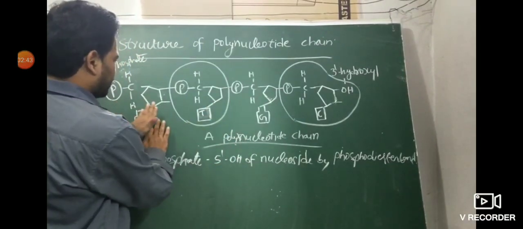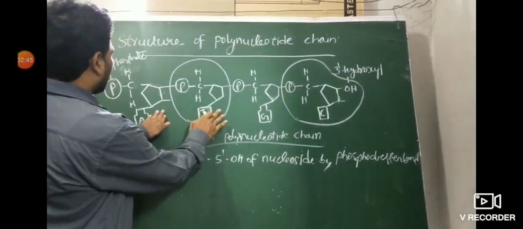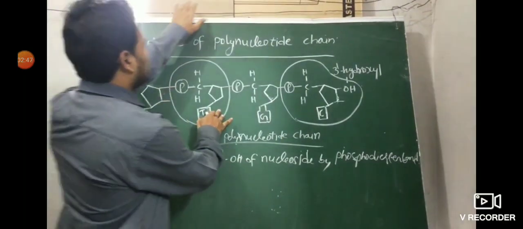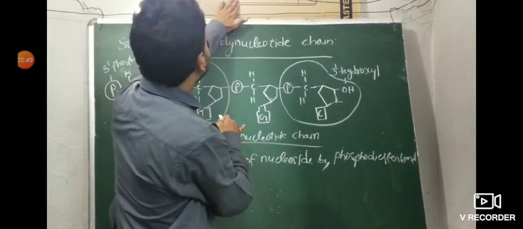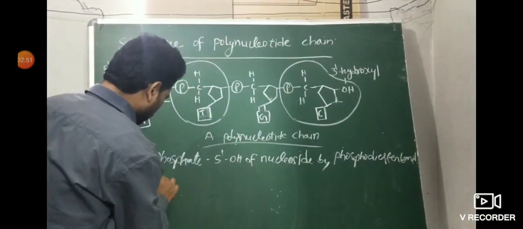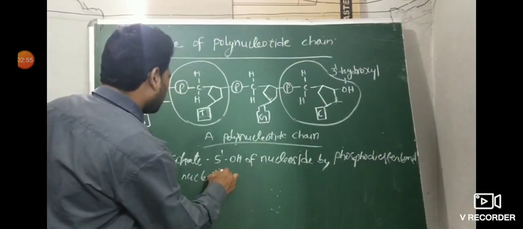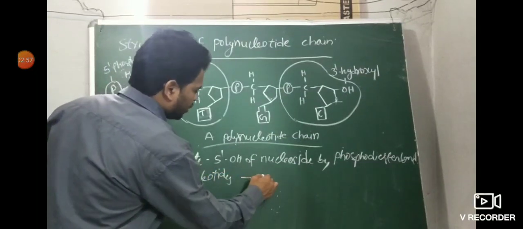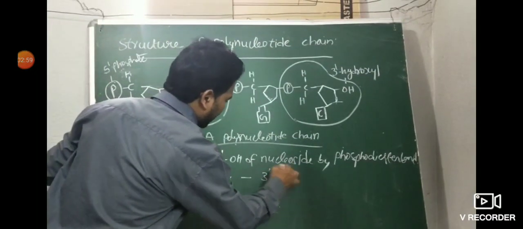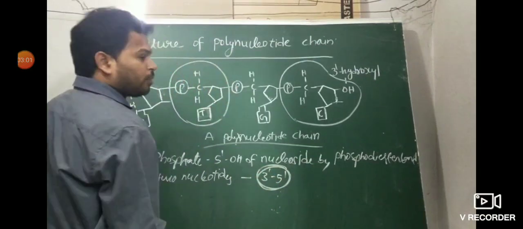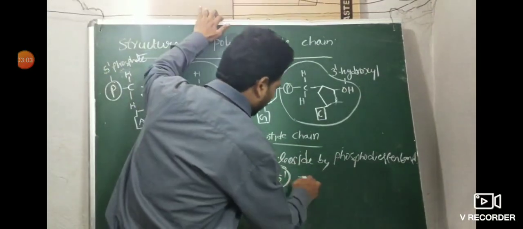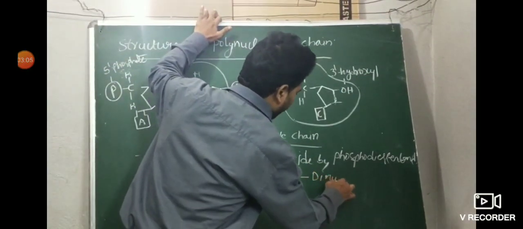Then two nucleotides: here one nucleotide, here one nucleotide. This is also important. Two nucleotides are joined in a 3' to 5' direction. This is very, very important. Then they form a dinucleotide.